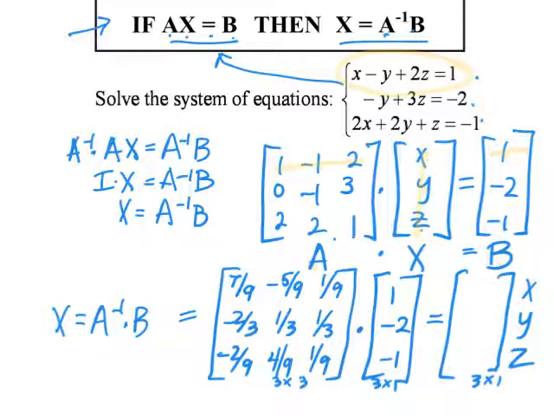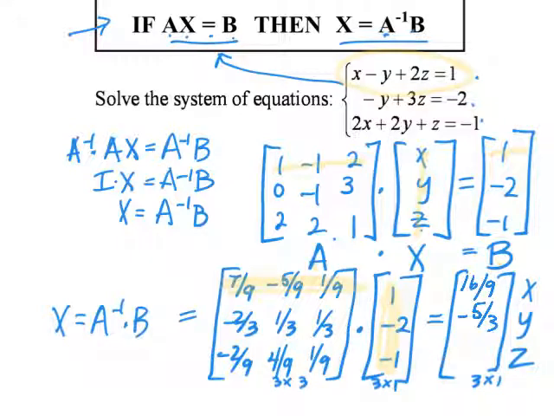So you can do this by hand, right? Remember, it's this row by this column. So you're going to have 7/9 minus 10/9 minus 1/9, and you get 16/9 for X. Then you'll do the next row, -2/3 minus 2/3 minus 1/3, and you get -5/3.